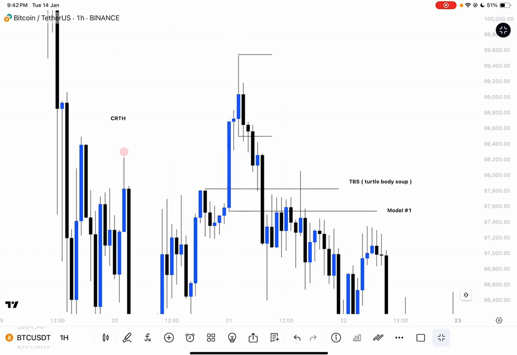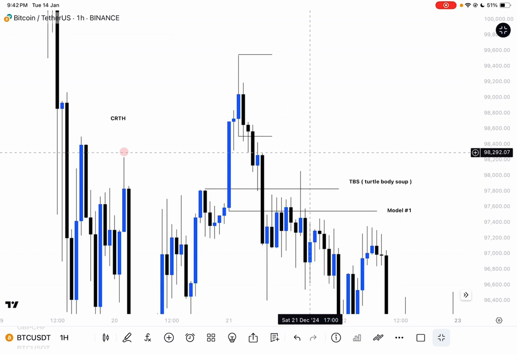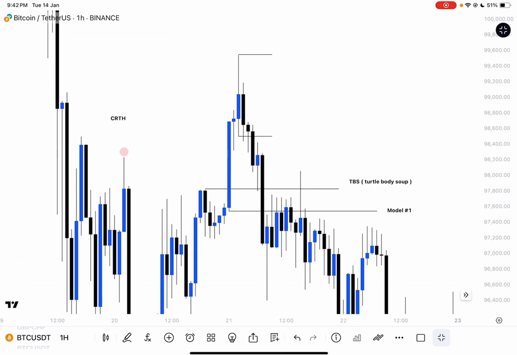Now everyone may ask me, bro, will you measure? Definitely, in my beginning stage I used to measure for model 1. But now I won't measure, because now I am a pro trader on CRT and TBS entry. Even by looking, I can understand whether it's a thick body candle or a low body candle.